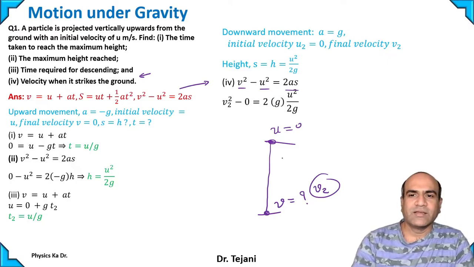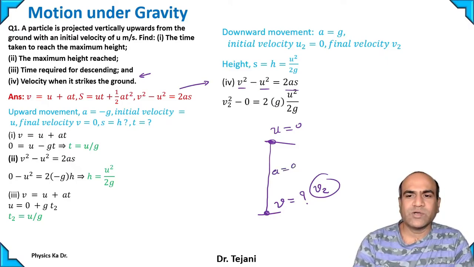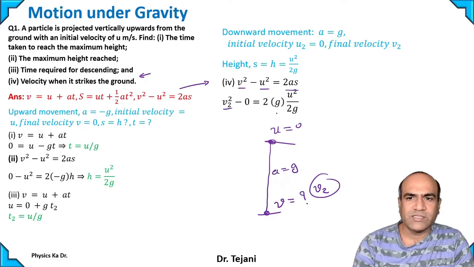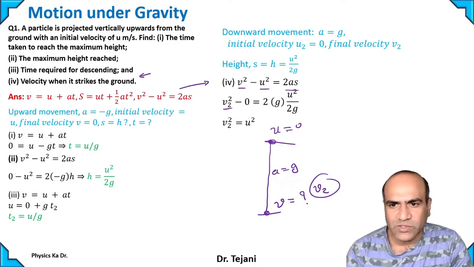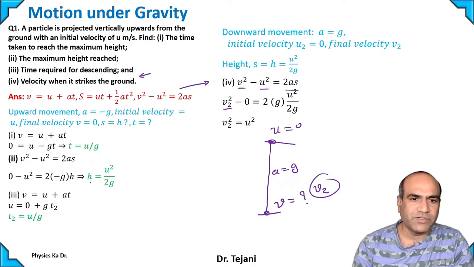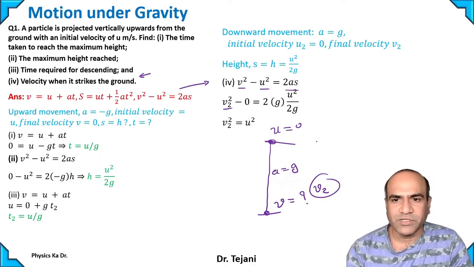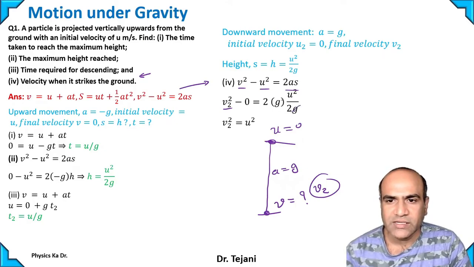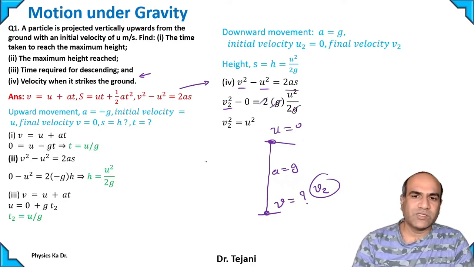Acceleration is positive g. We put the values in, and that is the equation. v square is equal to u square, because we already have the equation for h, we put it in, g is cancelled, and v square is equal to u square.